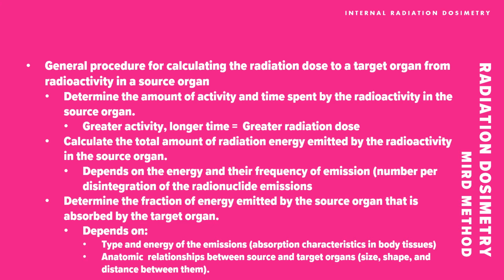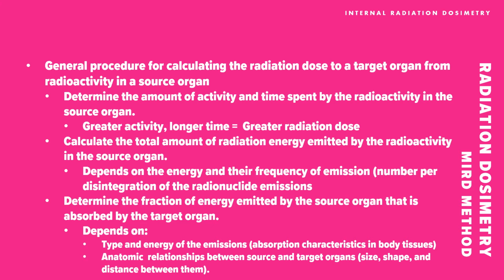And the third step is that you need to determine the fraction of energy emitted by the source organ that will be quite equal to the energy absorbed by the target organ. But again, this fraction of energy is subject to the type and energy of the emission.